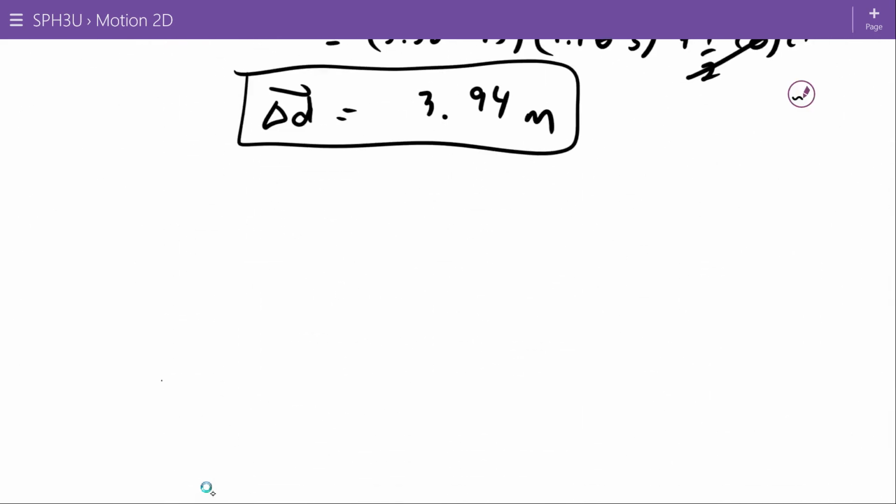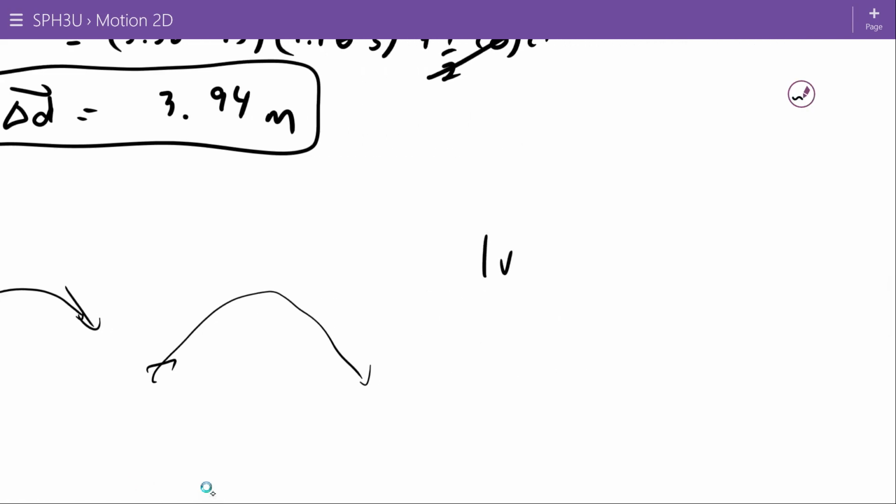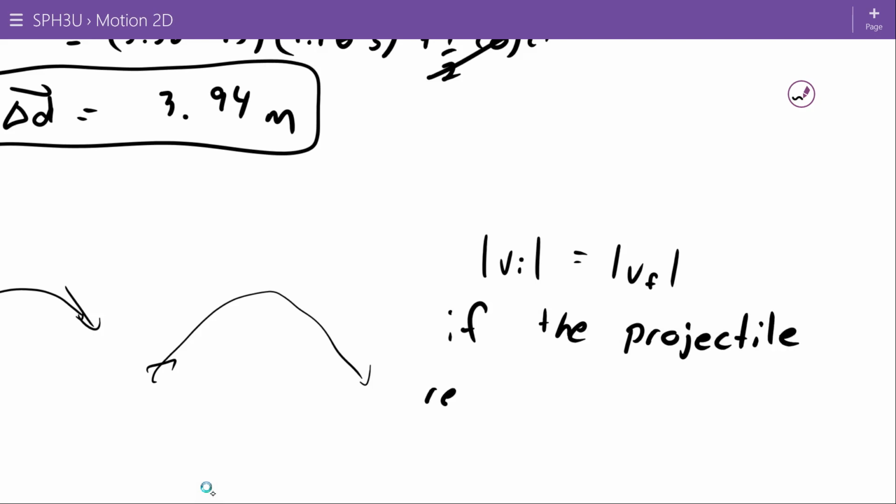Imagine this object flying through the air and landing up here. I think you can see, just looking at this quadratic, that it's going to come in slower than it took off. It's only when it returns to the same height that it took off from that the symmetry tells you that the initial velocity and final velocity should be the same. So the magnitude of the V1 is only equal to the magnitude of the final if the projectile returns to the same height.